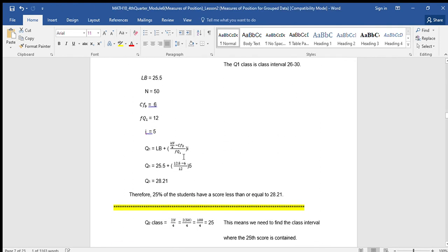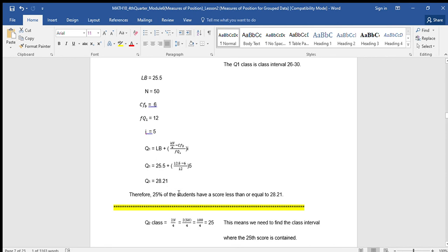So, idiretso nato ibutang 12.5. Si C nato kay 6 over si F nato is 12, I nato is 5. After ana, subtract 12.5 minus 6. Tapos ang answer, divide sa 12. Tapos ang answer, i-times sa 5. Ang answer, i-add sa 25.5. And you get 28.21.